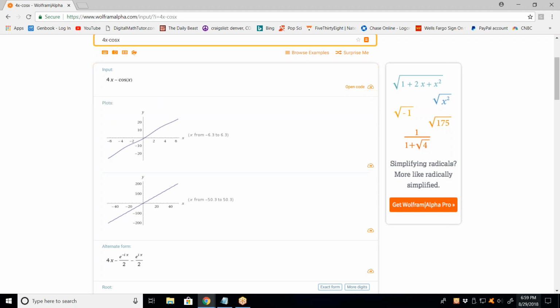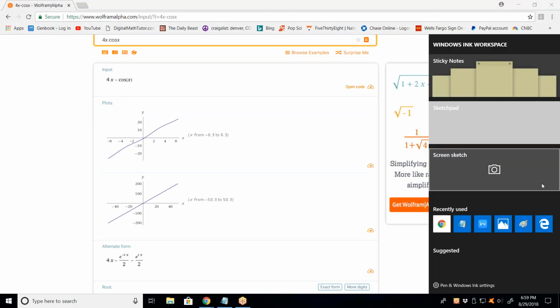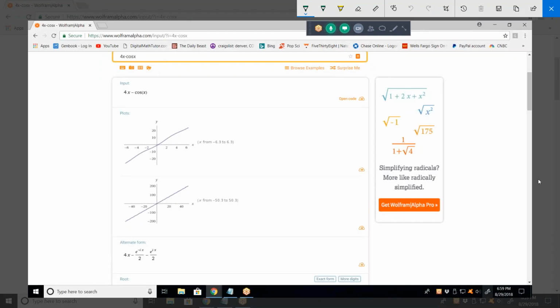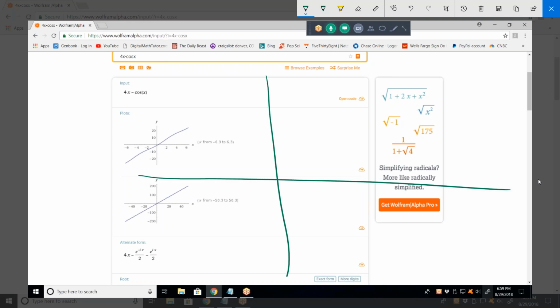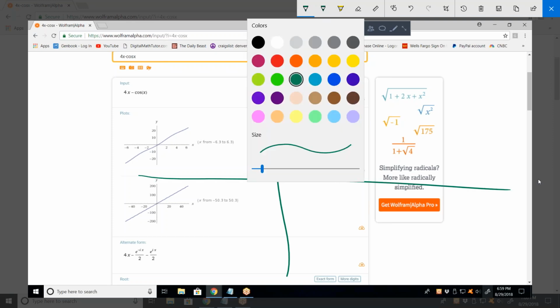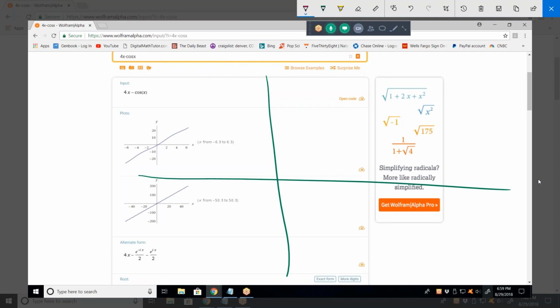Well, let's try to draw that. I'm going to use 3 colors. I'm going to graph the tangent x, I'm going to graph the 4x, and then I'm going to use a third color. So let's start with my regular color, and that's going to be 4x. You agree that that's a pretty good 4x?